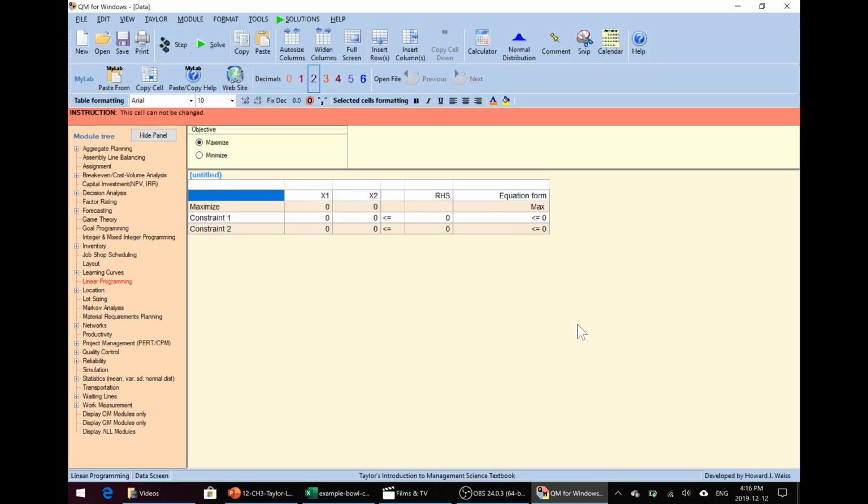We get a nice table here, and that's very easy. Just fill this up. We have $40 for X1 and $50 for X2.